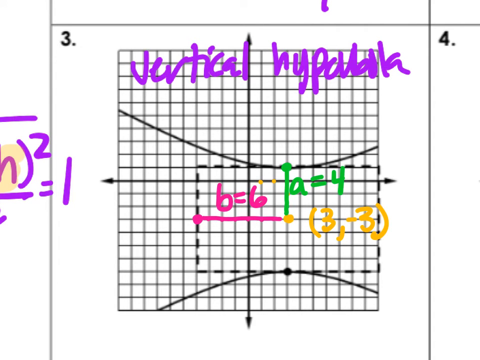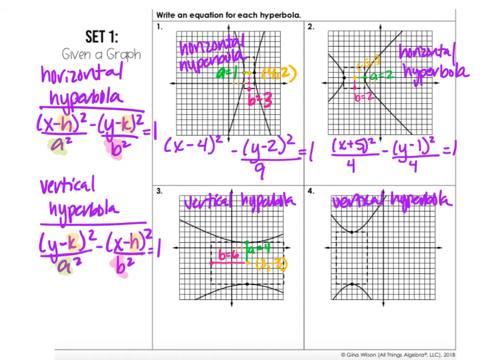So now that we know the center, a and b, we can go ahead and substitute that information into the vertical hyperbola formula.